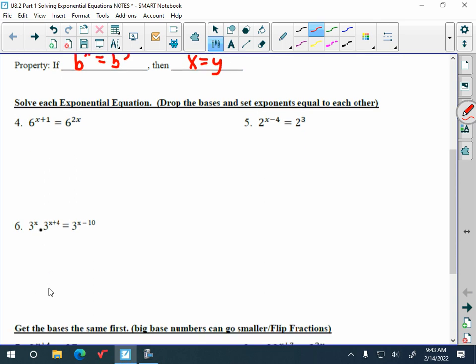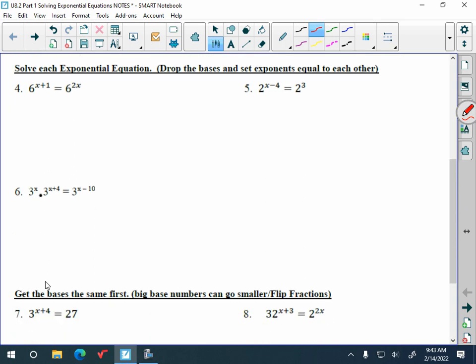Now, sometimes the bases are already the same. And that's nice, because if the bases are the same, then we can drop the bases, cancel them out, and set the exponents equal to each other. So number 4, when we cancel the 6's out, since they're the same, we can just set the exponents equal and solve for x or whatever variables in the problem.